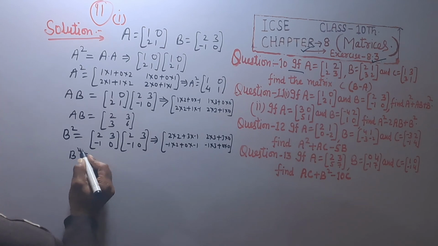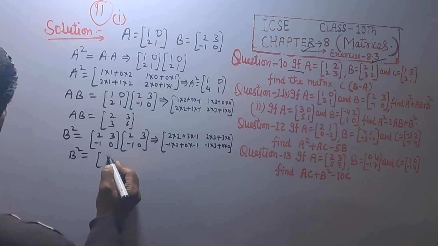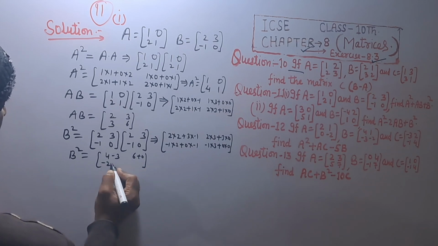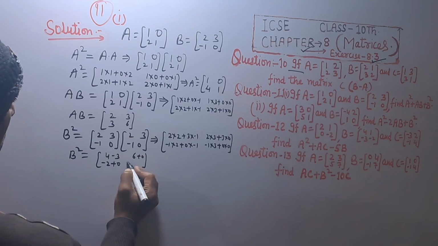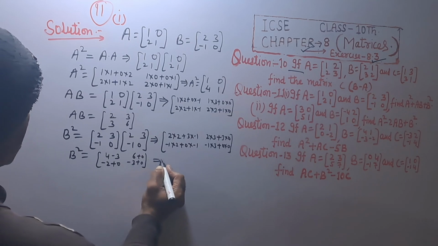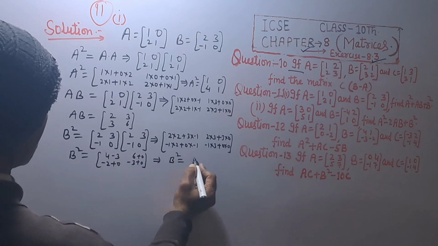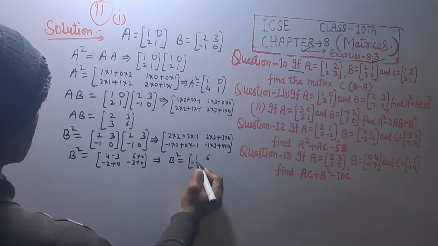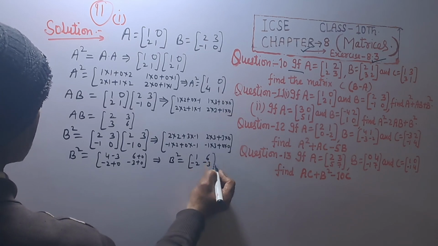So B square equal to 4 minus 3, 6 plus 0, -2 plus 0, -3 plus 0, which implies B square equal to [1, 6; -2, -3].